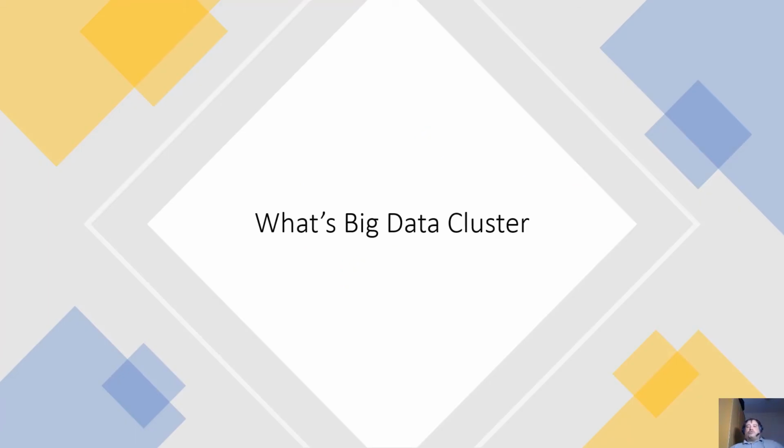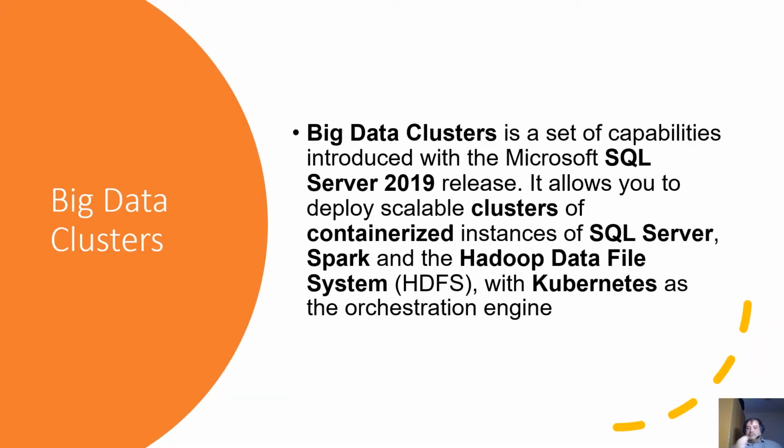So, we talked about definitions, but let's go deeper on what Big Data Cluster is. As I mentioned before, I will focus on some features. I will give an overview of the architecture, but there are other sessions in this event that go deeper on the architecture. Let's see. Big Data Cluster is a set of capabilities introduced with SQL Server 2019.